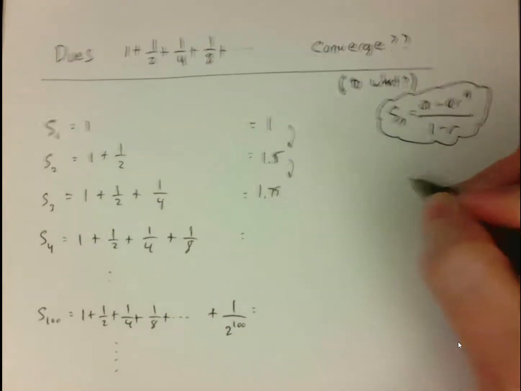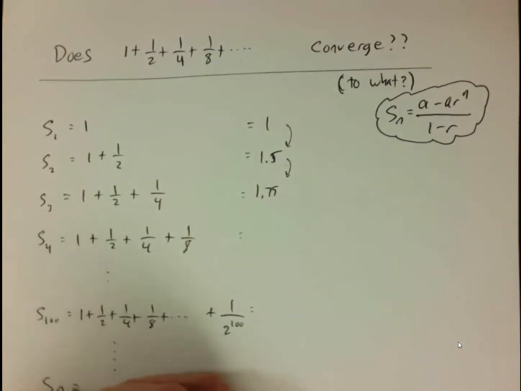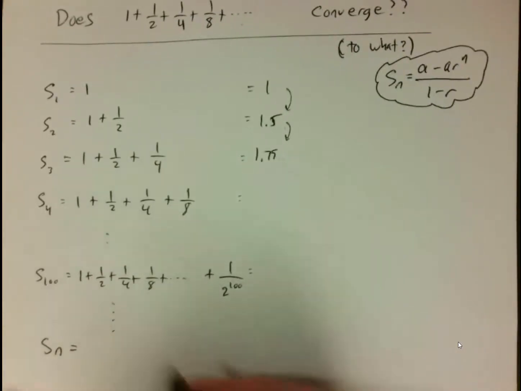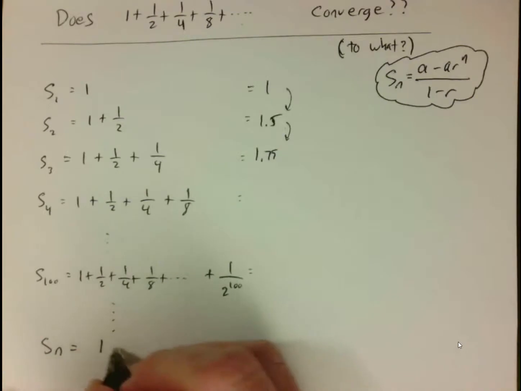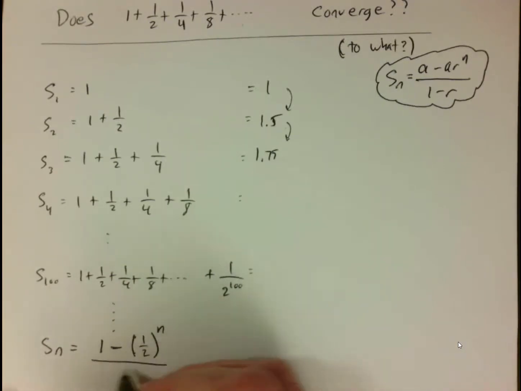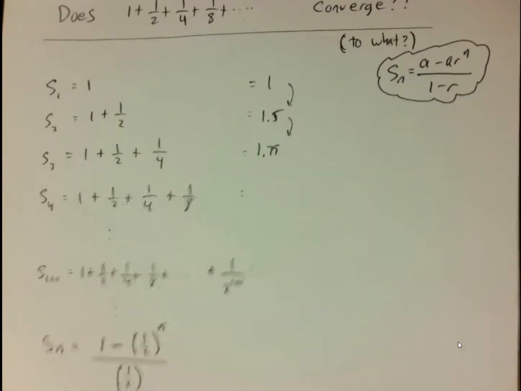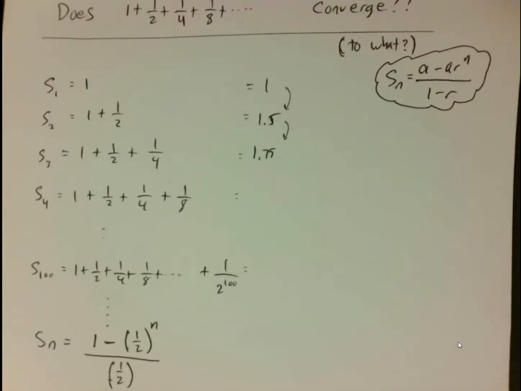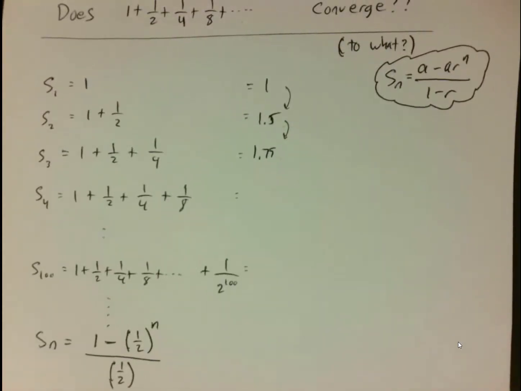So for us, we've got that the nth partial sum here, the very bottom, equals 1 minus 1 times 1/2 to the n, divided by 1 minus 1/2, which is just 1/2. All right. So it's all on the screen at once, sort of.